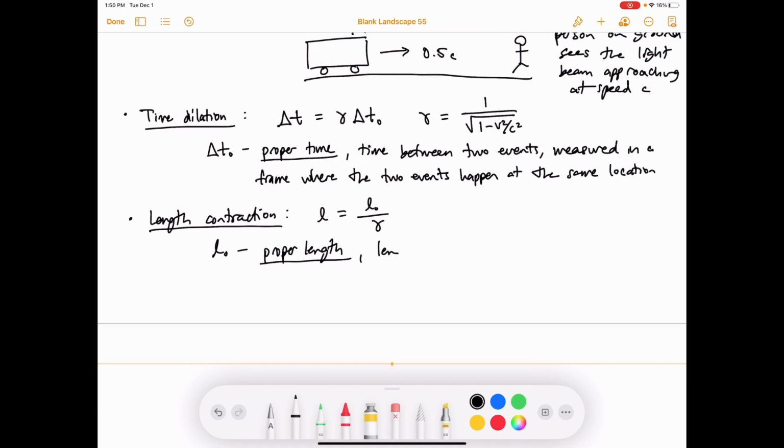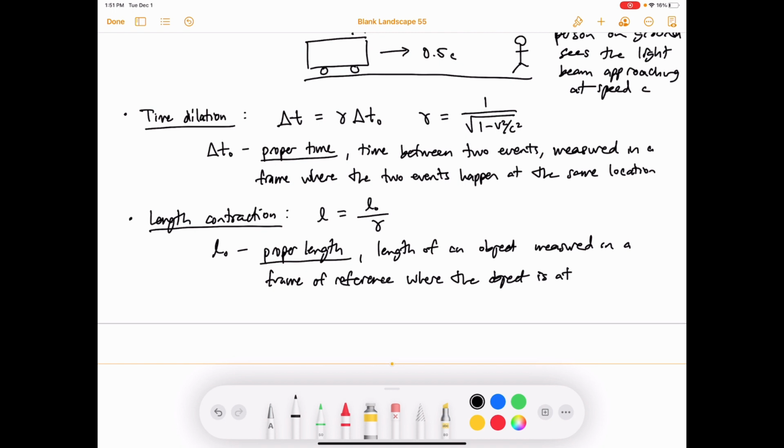This would be the length of an object measured in a frame of reference where the object is at rest. That's L naught. L would be the length measured in a frame where you see the object moving, and what you'll see is a shorter, or contracted, length.